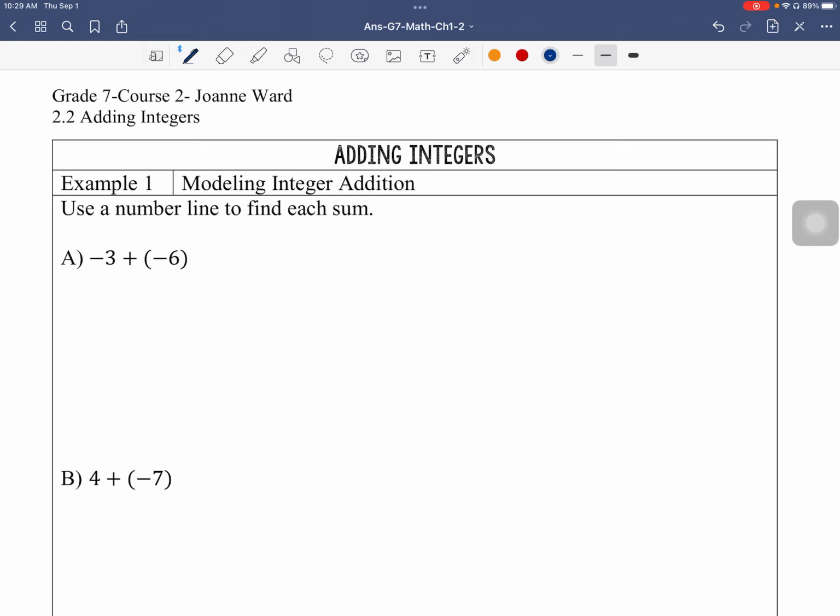So here we have all the numbers. Starting from 0, I'm going to place 0 toward the right, so I'll have more room for adding the negative numbers.